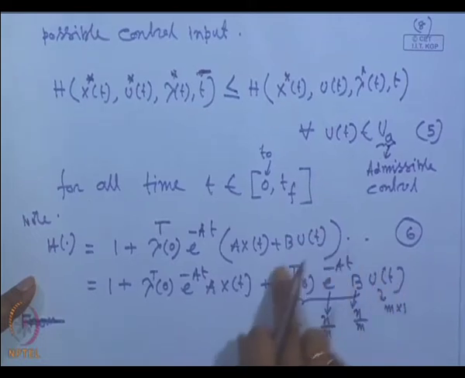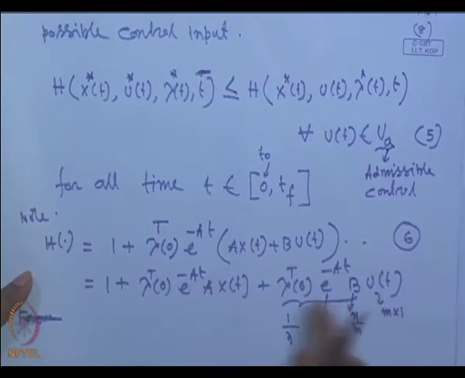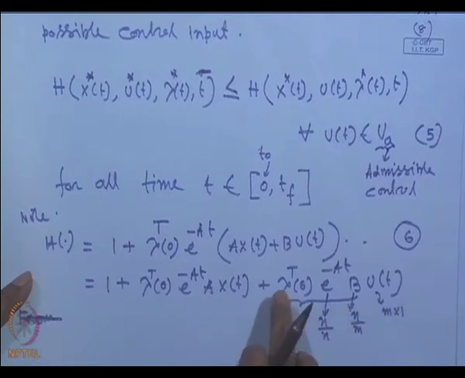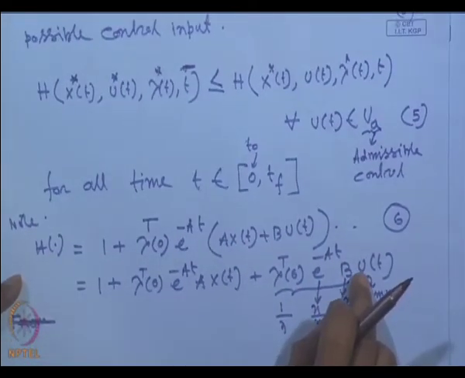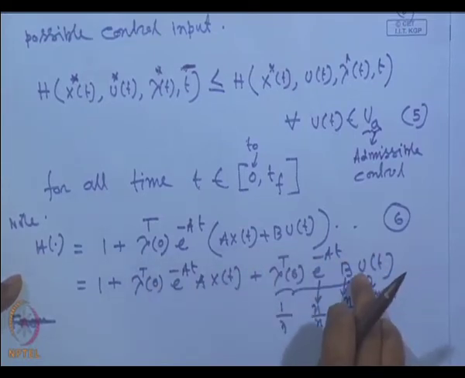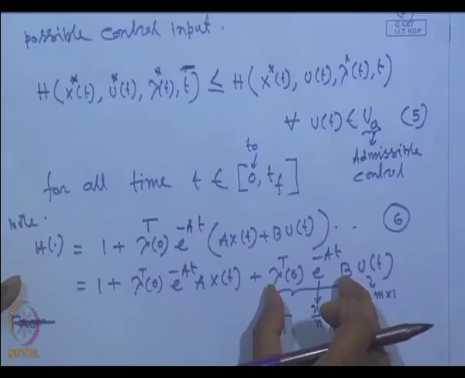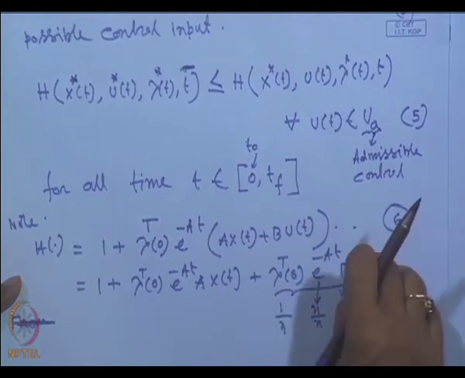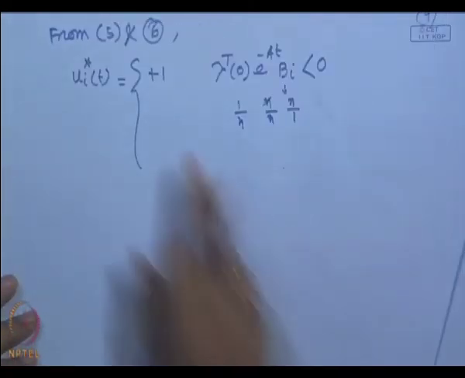Because this whole thing is a row vector, first each element of this row vector, if it is less than 0, then this should be positive. The product of this means the corresponding element of u must be positive. If this is negative, the corresponding ith element of u must be positive. That is why I am writing this positive.